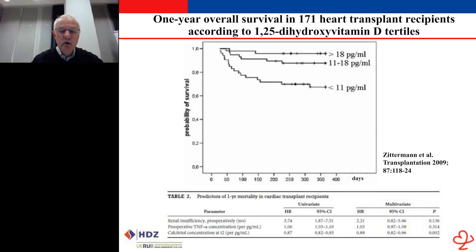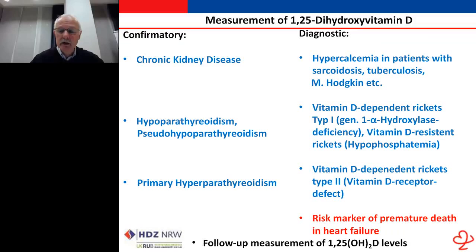And these were multivariable adjusted data. All these data I showed you are multivariable adjusted, and they indicate an independent association between the circulating level of 125 dihydroxyvitamin D and clinical outcome.